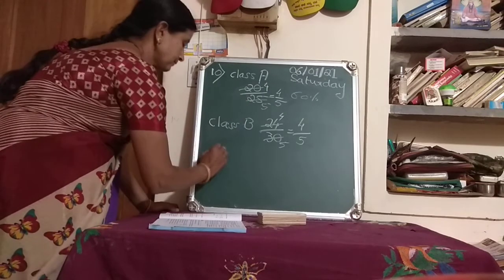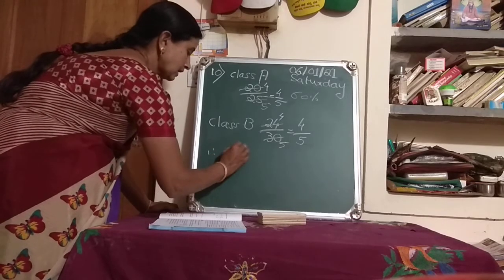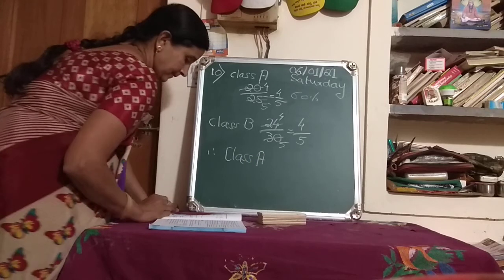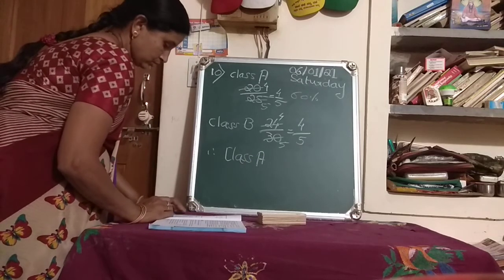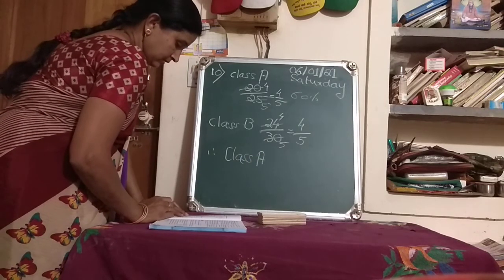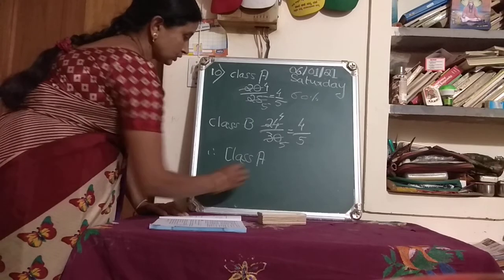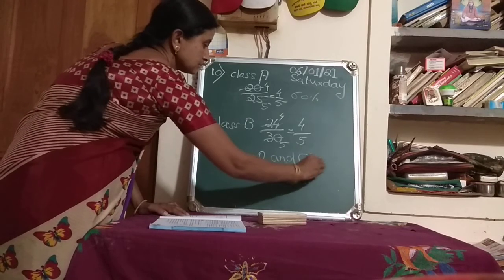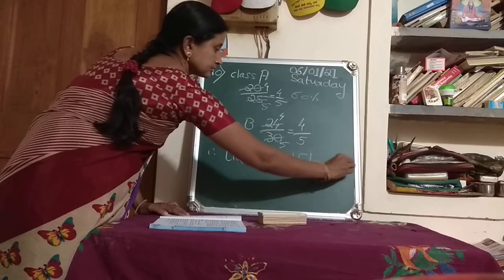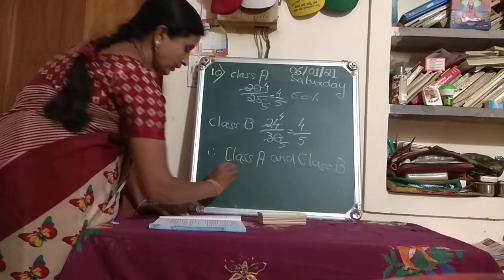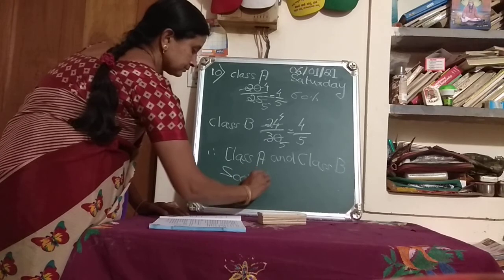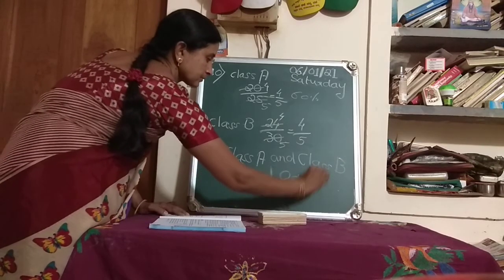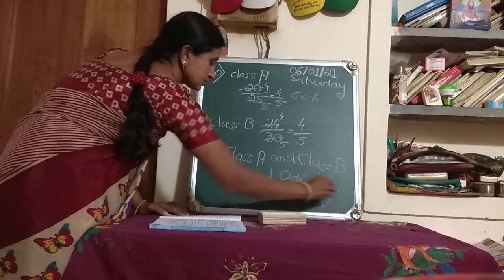We can say that class A and class B scored equally. They are not greater. Both scored equally, 60%.